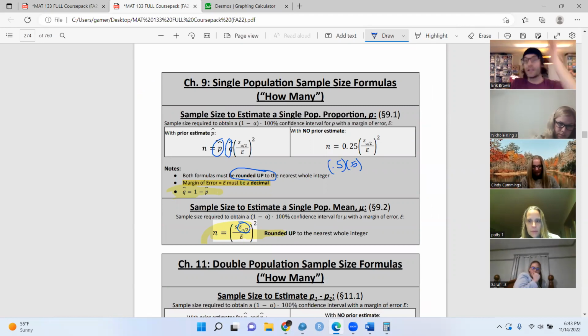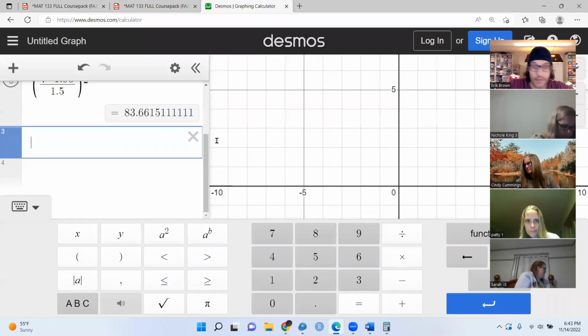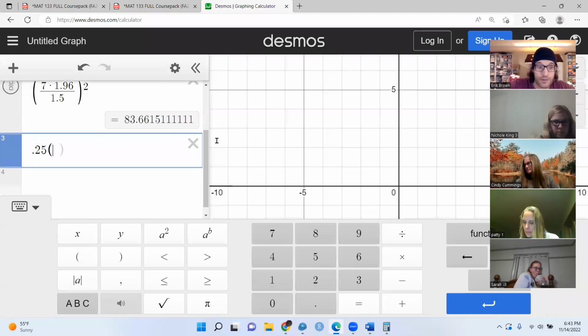So the assumption is that the proportion is exactly equal if we have no prior estimate, and that gets us the largest number here, 0.25. Otherwise, we get some other p hat times q hat, and that number is going to be a little bit smaller than 0.25 on a scale based on how far apart these are. So if you're wondering why, it doesn't particularly matter. It just is what it is.